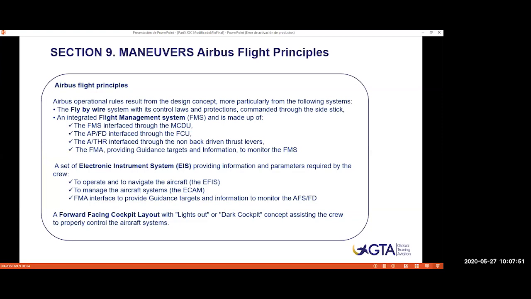Then another important principle of this Airbus is the electronic instrument system with the EFIS and ECAM, and also a little more about FMA. Later on, we are going to talk about the layout of this Airbus 320. As you can see, these are the principles of this aircraft, about what is going on with it, and how this aircraft will be different from the rest of the aircraft.